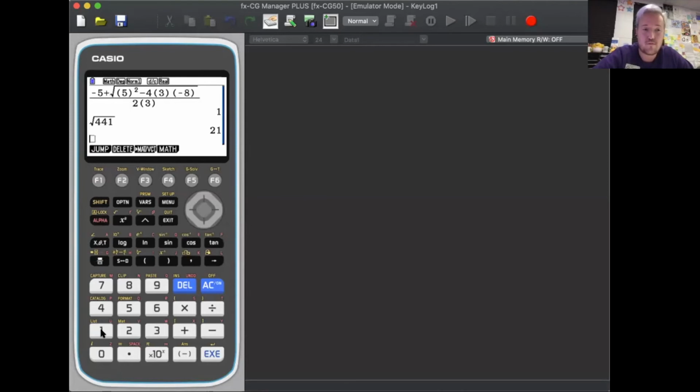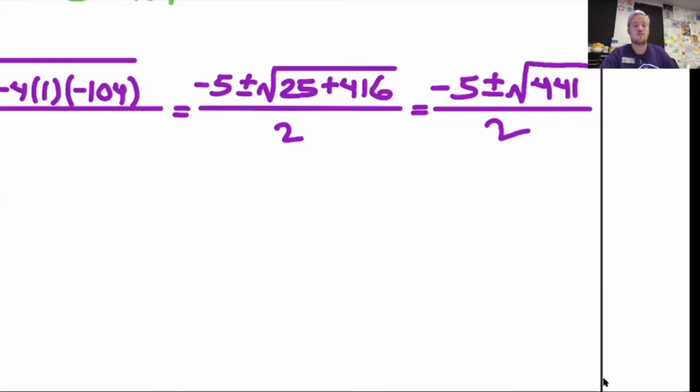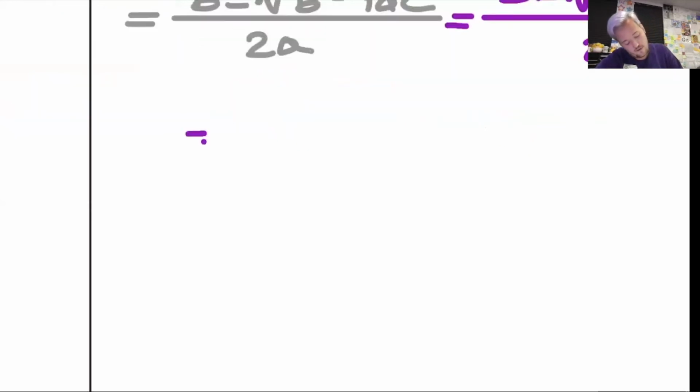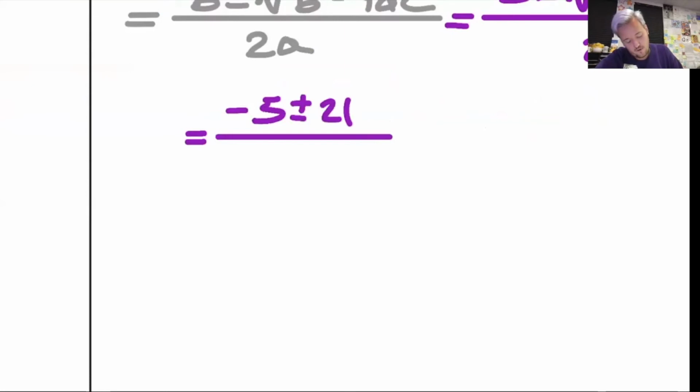It's 21. So there you go. So in this case, it's a perfect square. So I'm going to have negative 5 plus or minus 21 over 2.